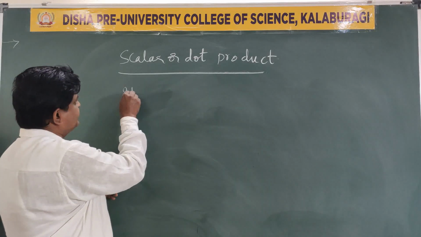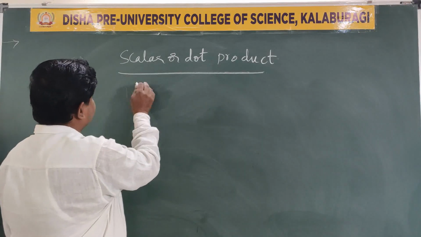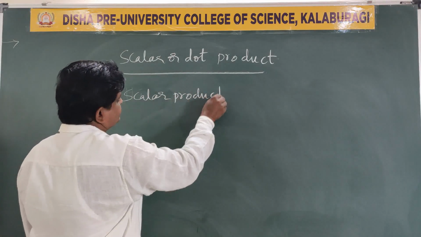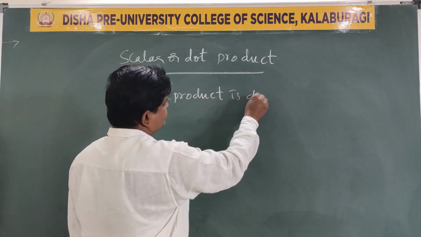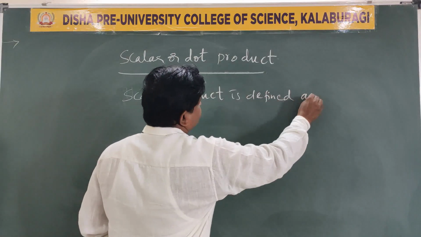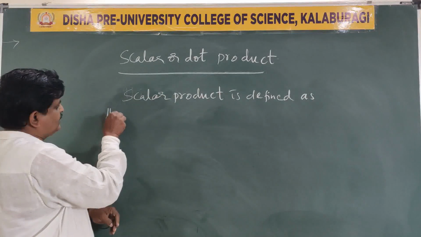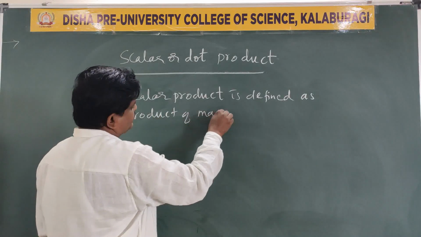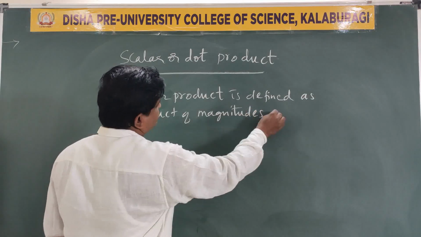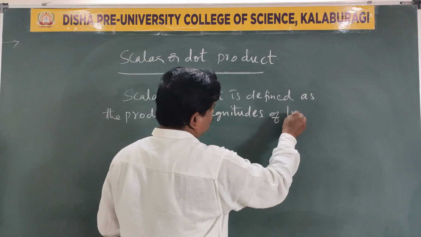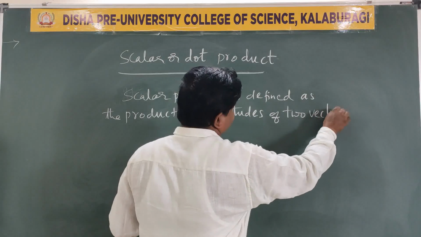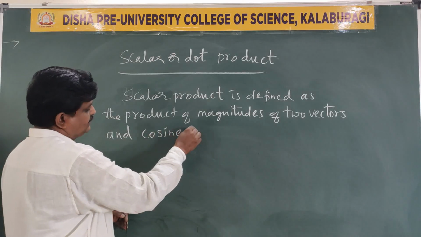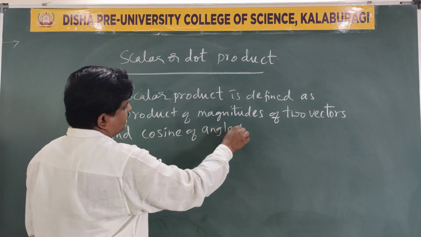See, scalar product is defined as the product of magnitudes of two vectors and cosine of angle between them.